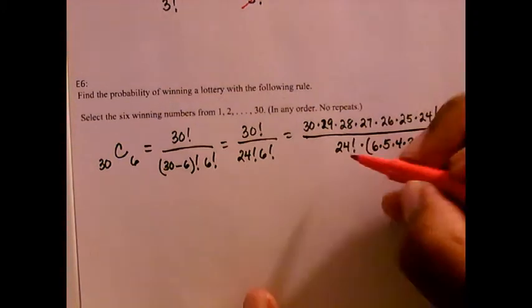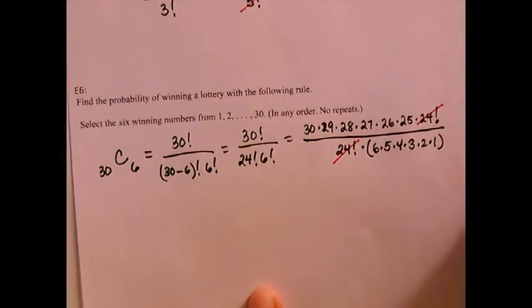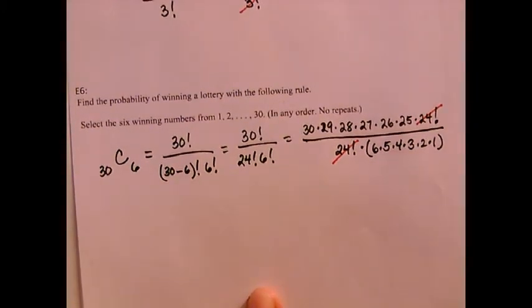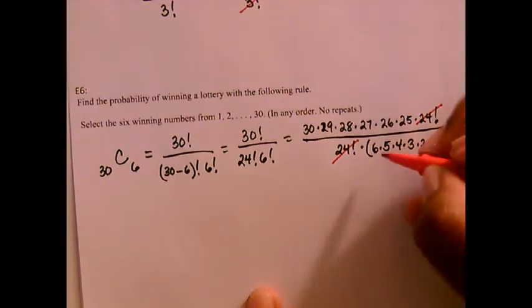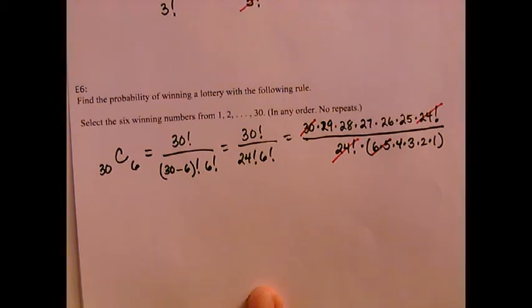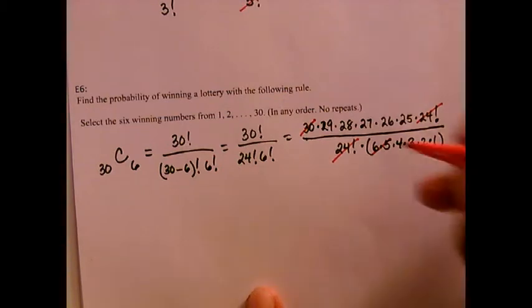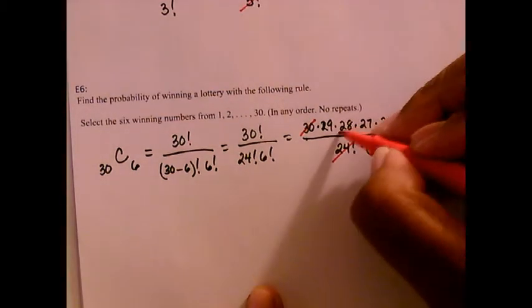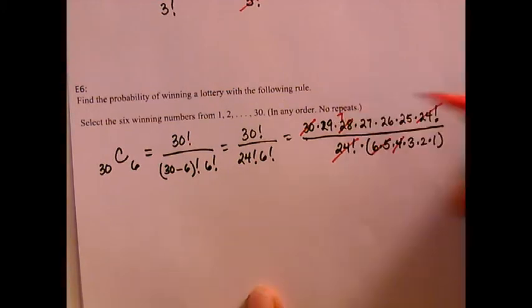And in this case, your 24 factorials divide out. And let's see. If I do 6 times 5, that's 30. I can divide that product with that 30 factorial. And let's say 4 goes into 28 7 times.